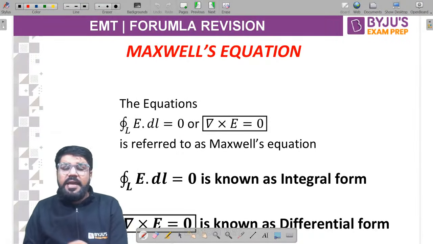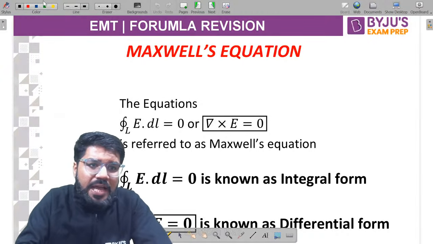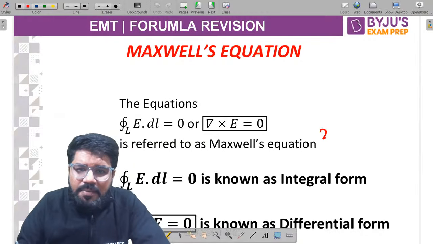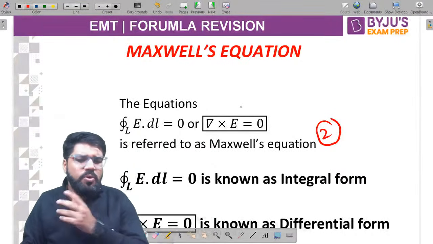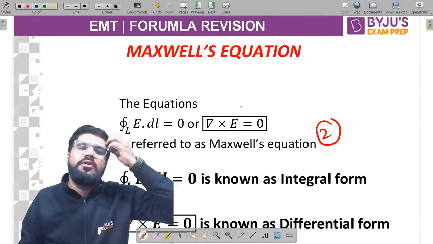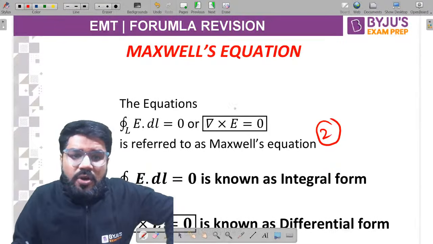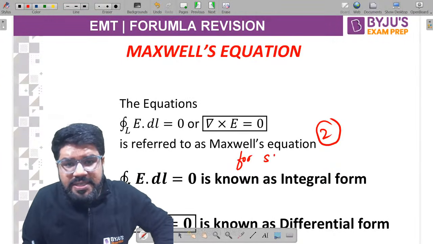Next is del cross E, the second Maxwell's equation for us as per today's discussion, that the electric field is conservative. No derivations, no proof, everything has a simple proof, but we are just going in a fast form, revising the formulas. So del cross E equal to 0 is the second Maxwell's equation for static fields.